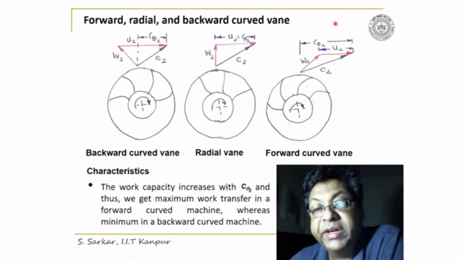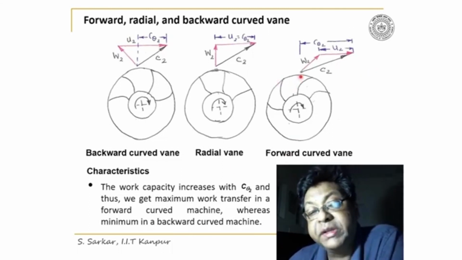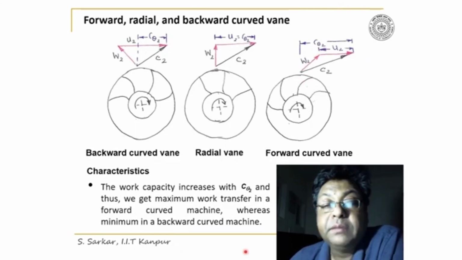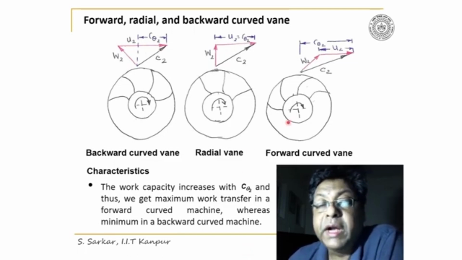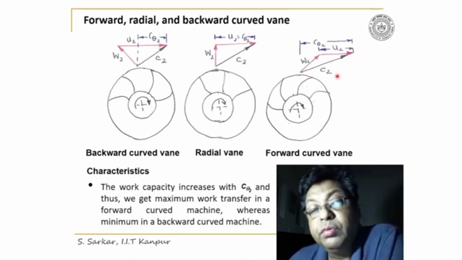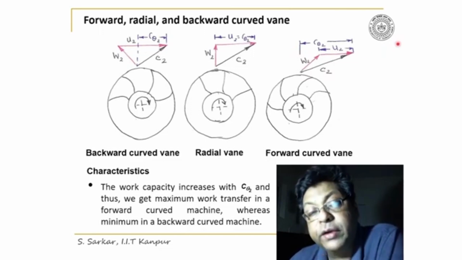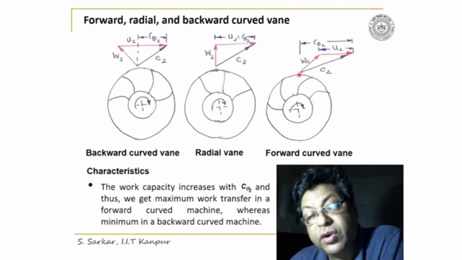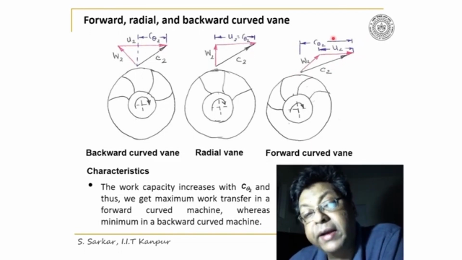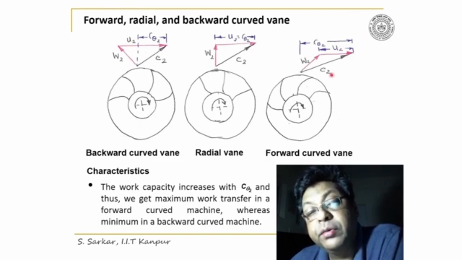Please appreciate the velocity triangle, that it is always u2 plus w2 equal to c2. The projection of c2 in the tangential direction will give you c theta 2.